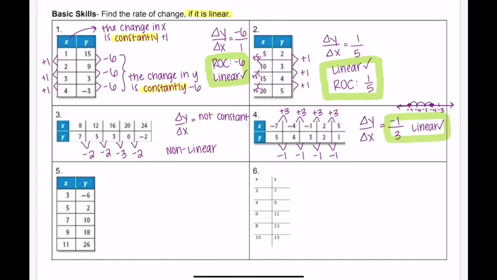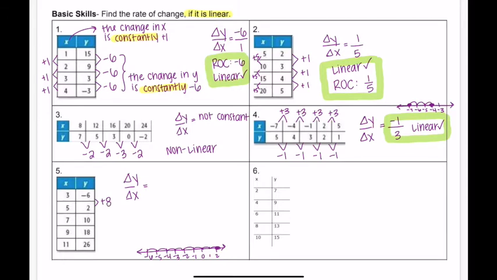Example number 5. We'll go through this one a little bit quicker. From -6 up to +2. If you need to draw the number line, do that. So going from -6 all the way up to +2, I'm moving right how many times?